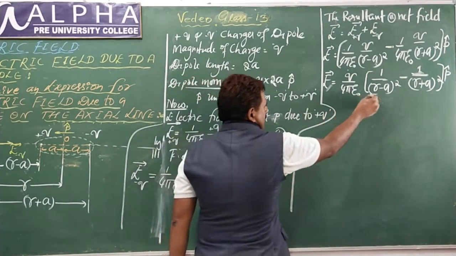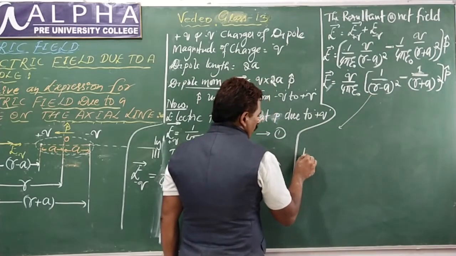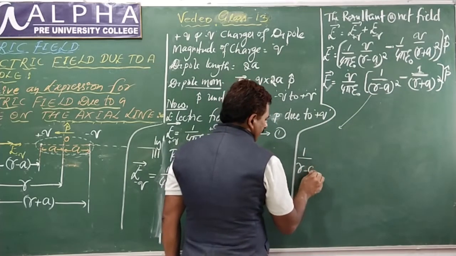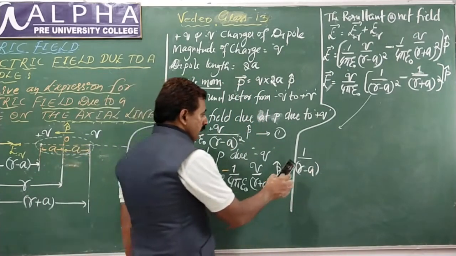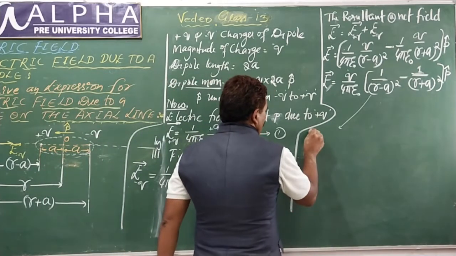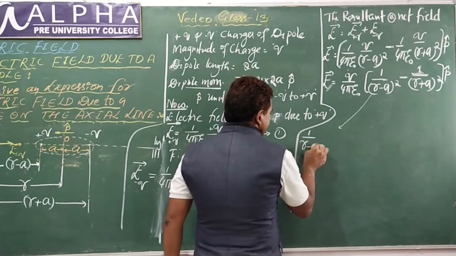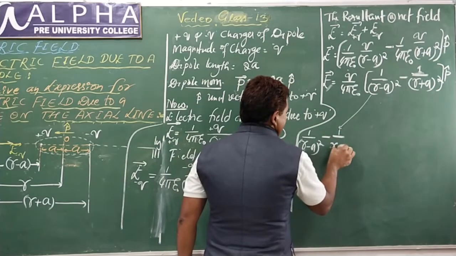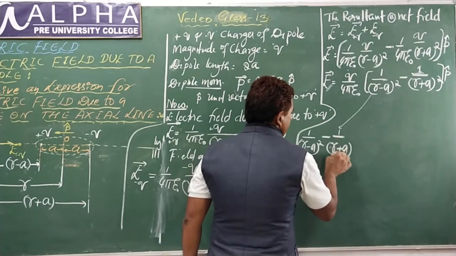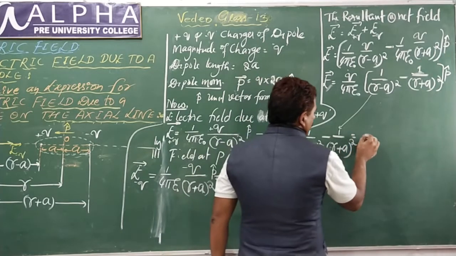Now take this term separately. 1 over R minus A whole square, minus 1 over R plus A whole squared. You take LCM. What is the LCM?